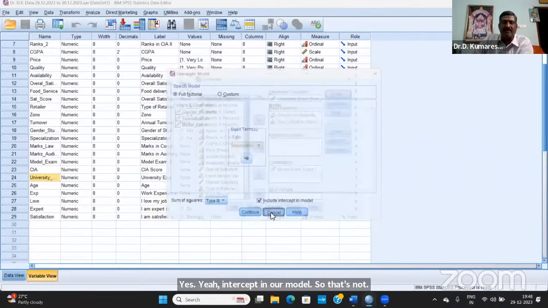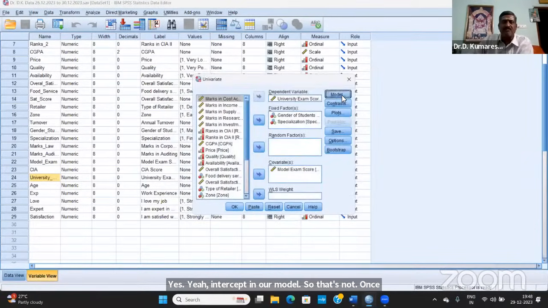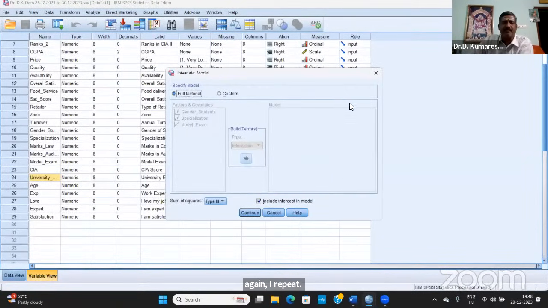Once again, I repeat, go to the model specification. Full factorial model is selected in default. Sum of squares type 3 selected in default. Then include intercept in the model selected in default. So go to continue.